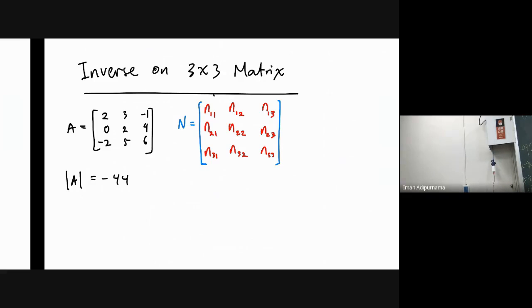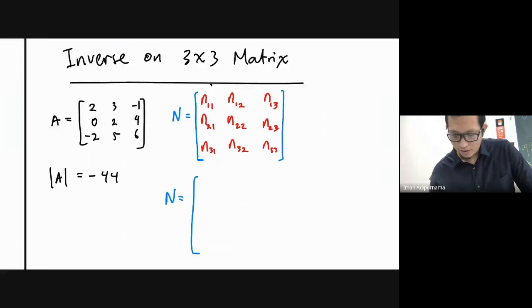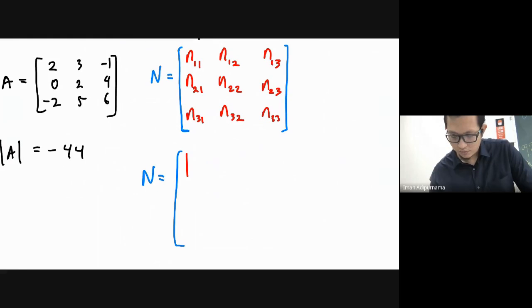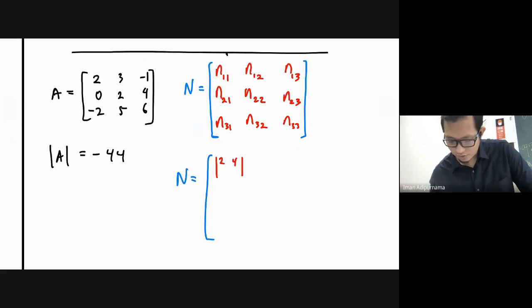So for 1 1, if you remember when we find the determinant, if we cover this column and this row, then we will have this determinant, right? So we are writing all the terms of N as the determinant of these: 2, 4, 5, 6.